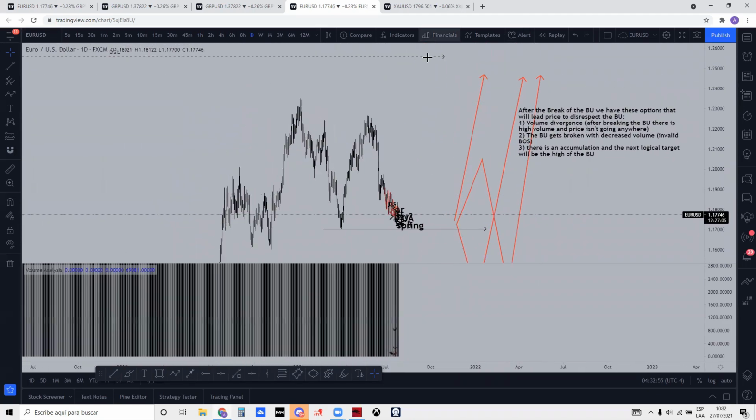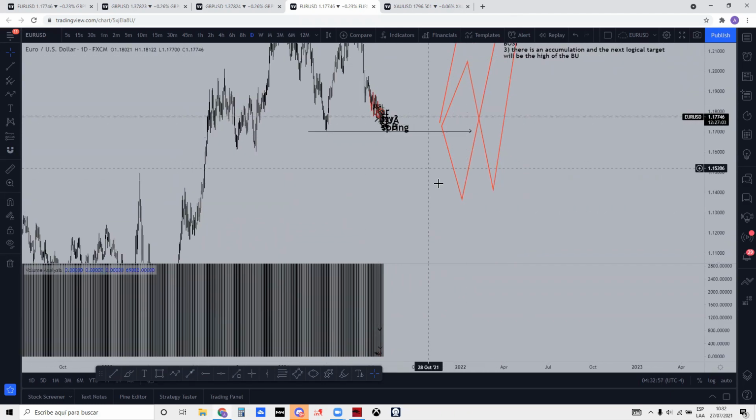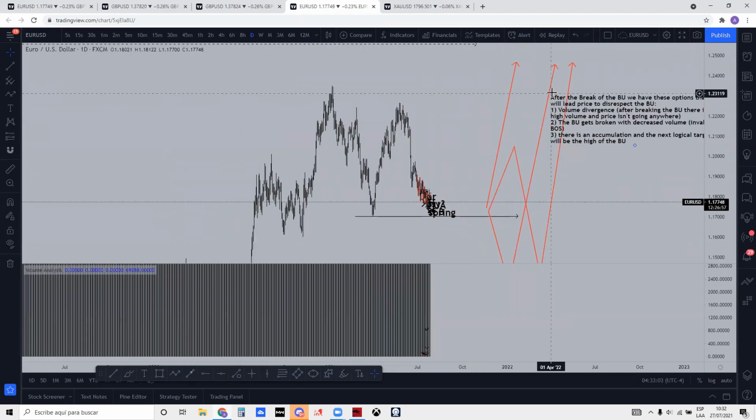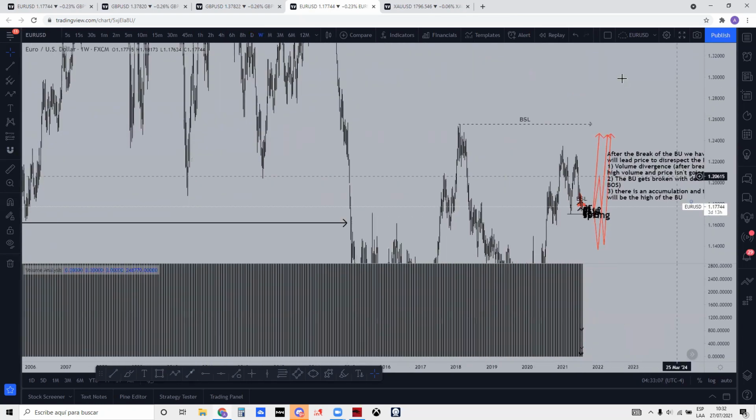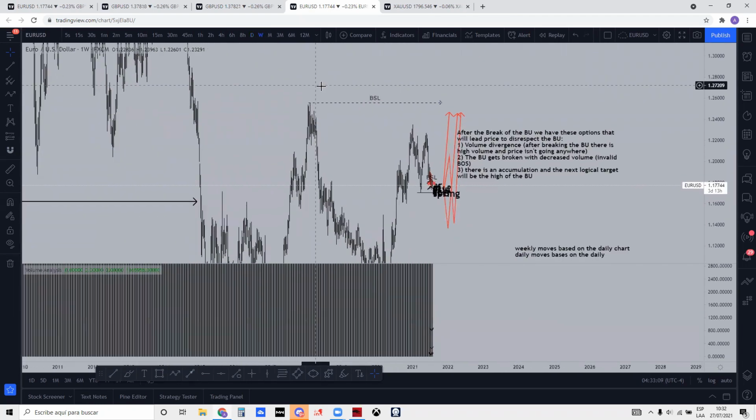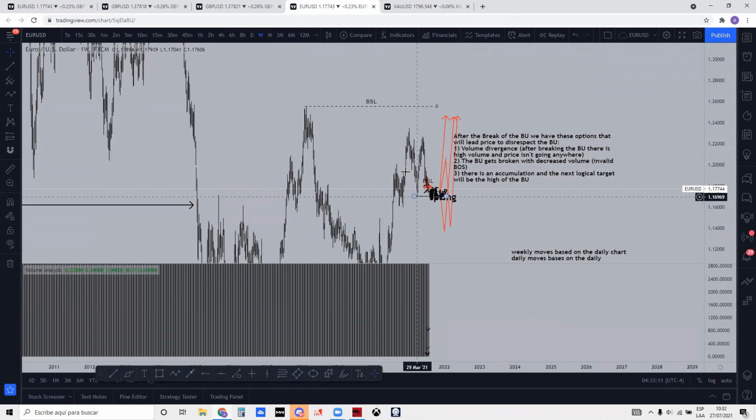The other bias is simply pushing higher from here, and the other one is breaking lower, again to the same level, mitigating the imbalance, and then going higher. All of these options point higher because the weekly target is this high, and it hasn't been met yet. That's why all of them point higher. Well, for any of these options, we would have to wait for a clean confirmation.